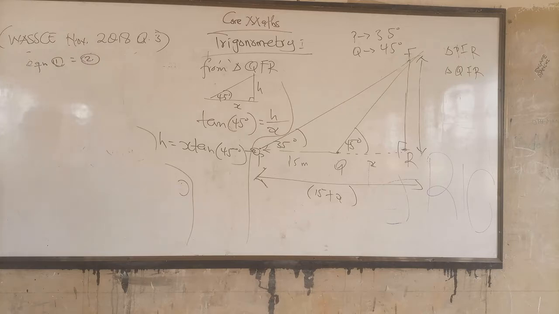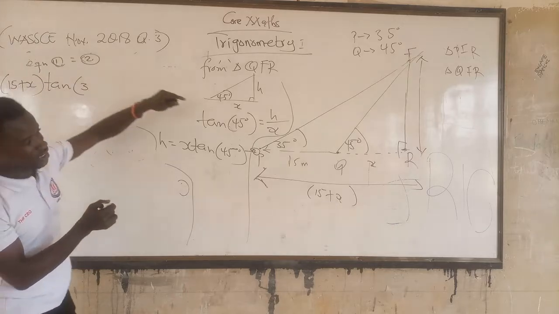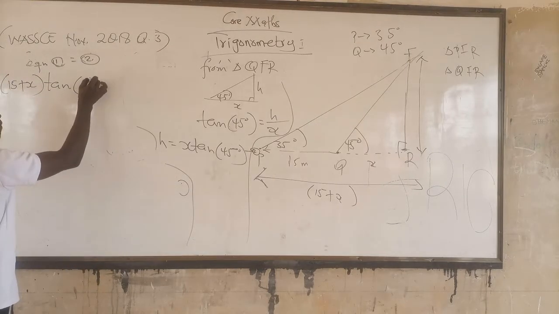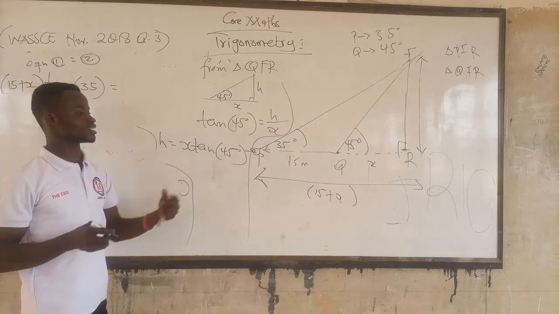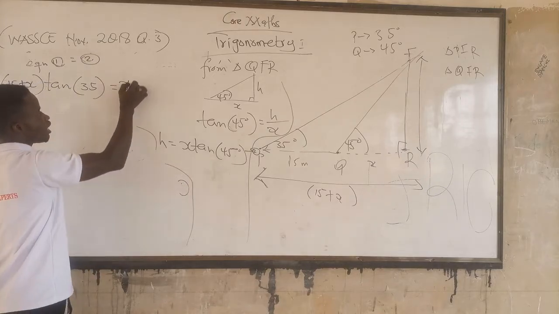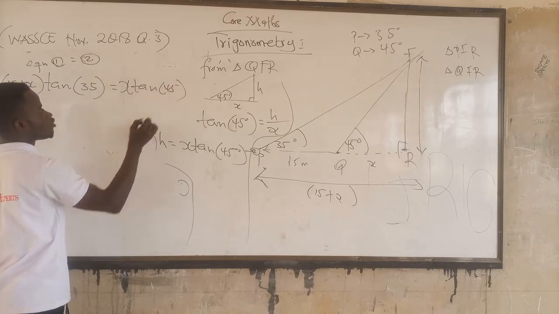So equation 1 is H is equal to, I think that is 15 plus x, I can recall, 15 plus s times tan 35. And that will be equal to this side of equation 2, S times tan 45.